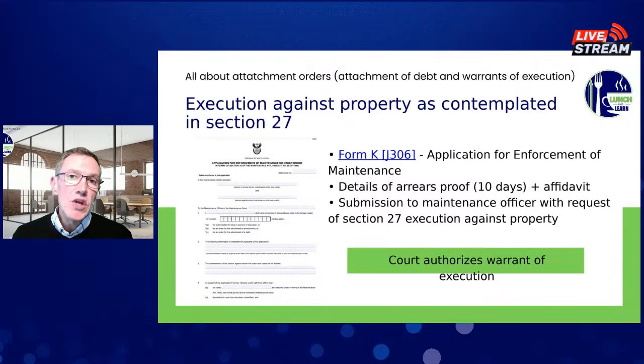You need to guide the maintenance officer to say, he does not have a fixed work, or he is not gainfully employed, but he does own cars or vehicles or a house or property. And then the route would be to go for a warrant of execution against property. But you have to guide the maintenance officer with regards to that. Obviously, then the court would grant or authorize the warrant of execution, and we've dealt with that a couple of minutes ago.